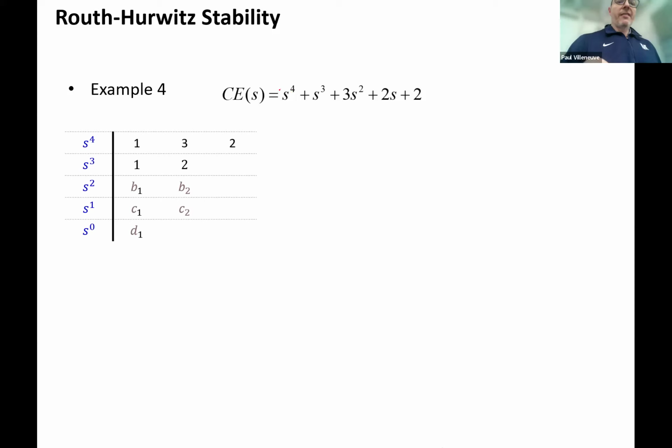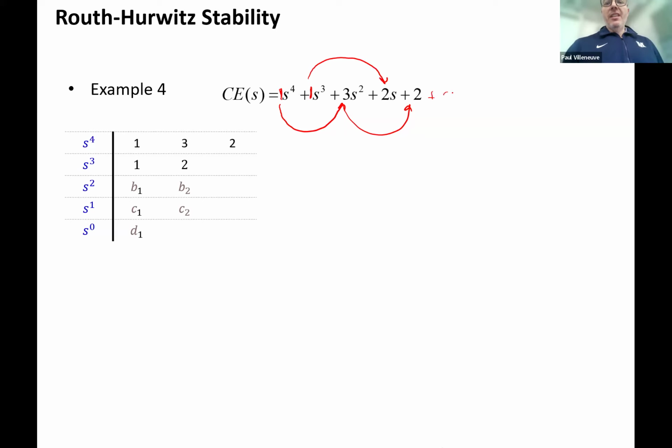There's a 1 here. So I grab my 1, I skip over to my 3 and skip over to my 2. Now I'm going to grab my S cubed row. I grab my 1 from here. I grab the 2.